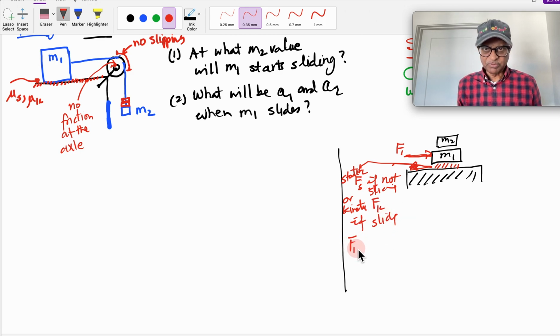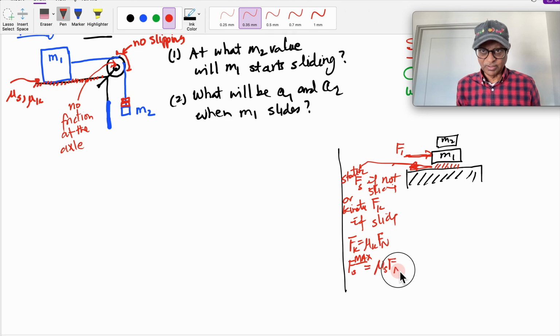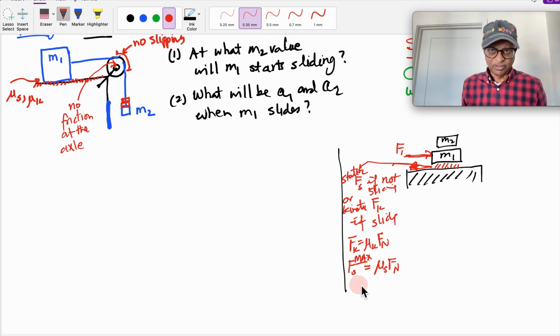We write sometimes Fk equals mu k times Fn, whatever the normal force is between these two, and we write Fs if it's a max value, it may not be the max value, but if it's the max value, then we write mu s Fn. Not equal to Fs other than max.